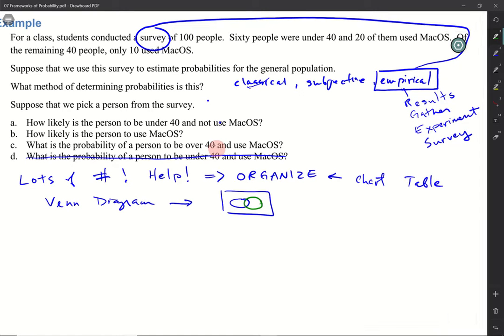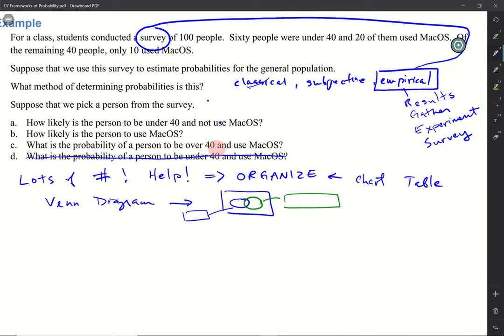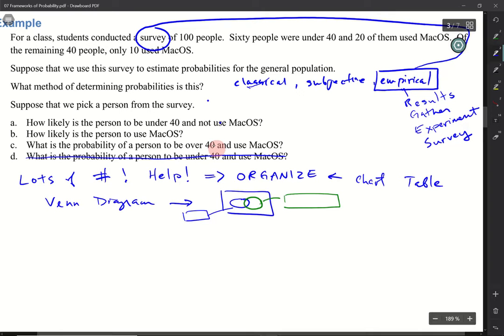So we need to know what's that, and we need to know what's that. The Venn diagram has at least two sets. You could have 3 or 4, of course, but then it gets a little bit messy with what's in the intersection. But in this case, we'll just stick with 2.